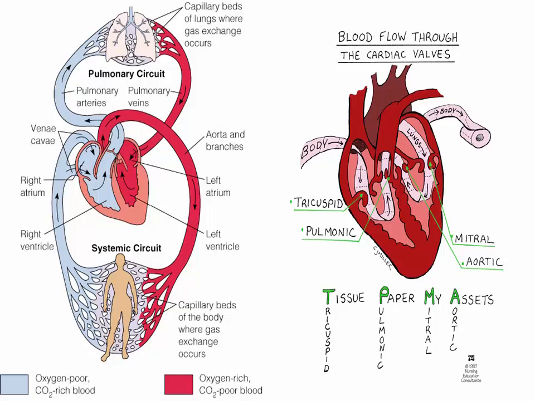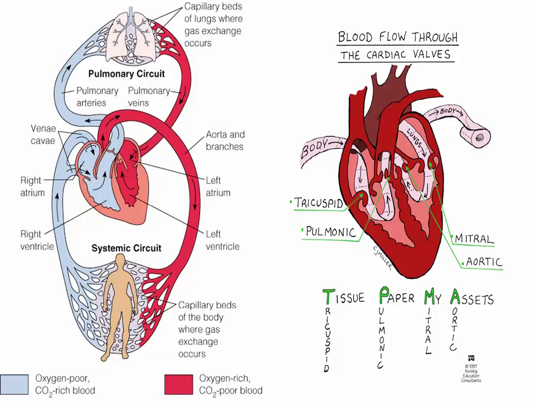Because blood on the right doesn't have as far to go, it doesn't have as much vasculature to go through, it has less resistance, and so the right side of the heart is considered a low pressure pump, and the left side of the heart is high pressure.